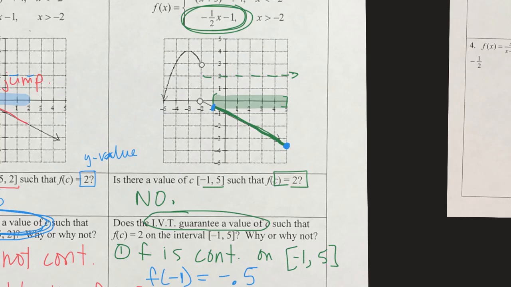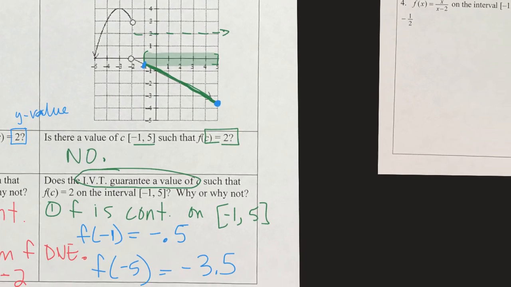So yes, the first condition of the IVT is met, our function is continuous from negative 1 to positive 5. And look at our endpoints. One of our endpoints is at negative 1/2, and the other endpoint is at negative 3.5. Are those endpoints equal? No. So those are 2 out of the 3 things that have been met.